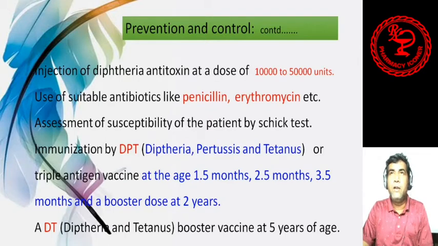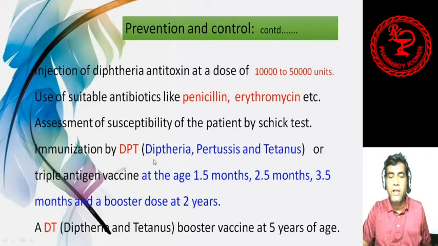Suitable antibiotics should be used, as it is a bacterial infection; antibiotics like penicillin and erythromycin must be given. Then assessment of the patient by the Schick test, which helps you know the risk factor for the patient.